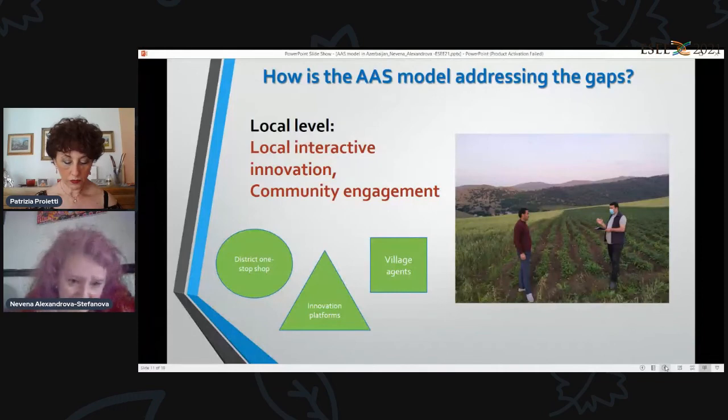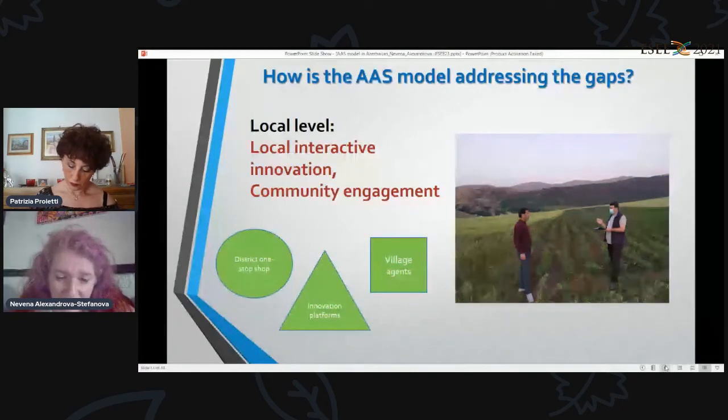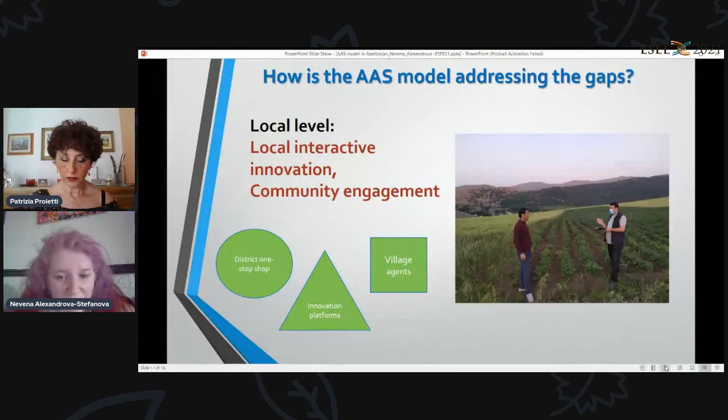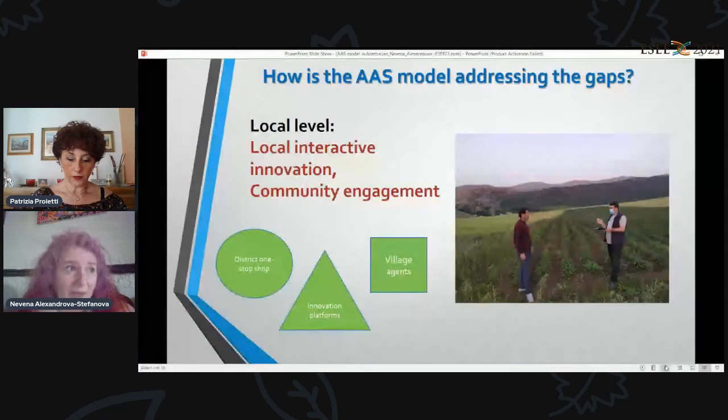In terms of coordination, there is a district one-stop shop and village agents, that you can think of differently from the agricultural advisory agents, as young people who are interested and engaged at community level to provide information, not necessarily being knowledgeable in agriculture extension, but who can link other people and organizations and ultimately serve the farmers.